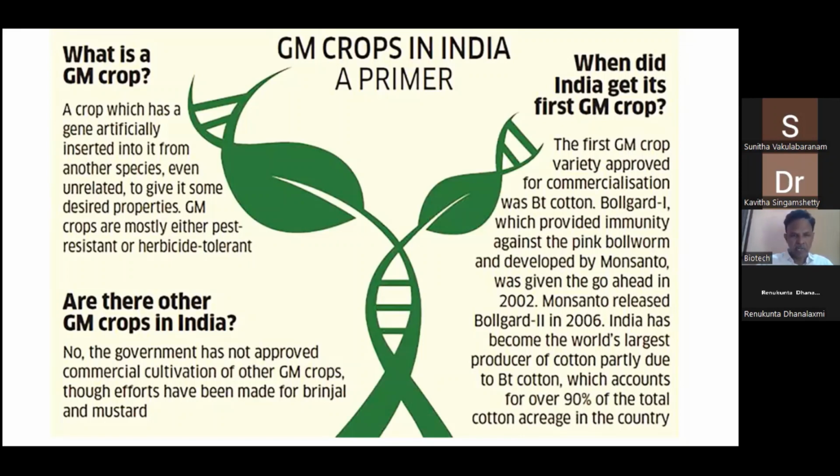In our country, only cotton is being grown. A reason for this is there are a lot of questions about GM crops. So they don't want to get into the issue of gene pollution, gene contamination. So India is not releasing GM crops other than cotton.